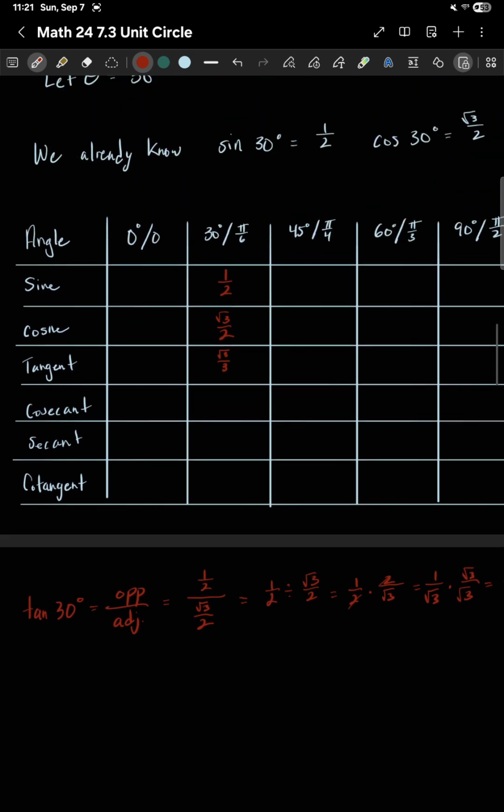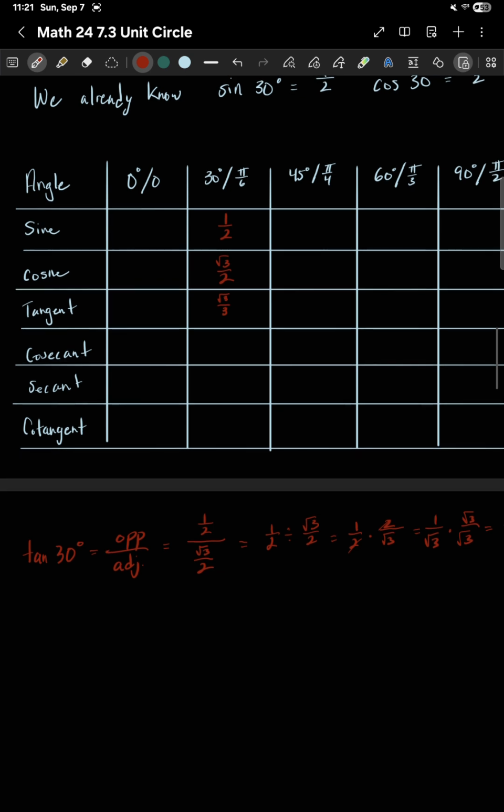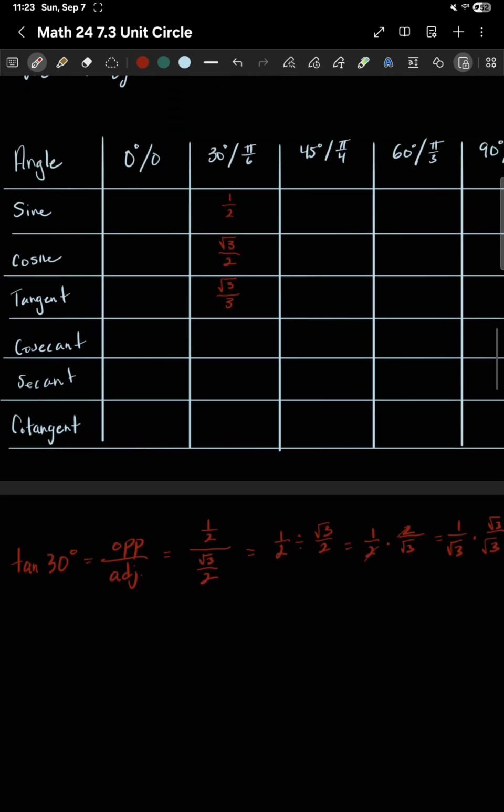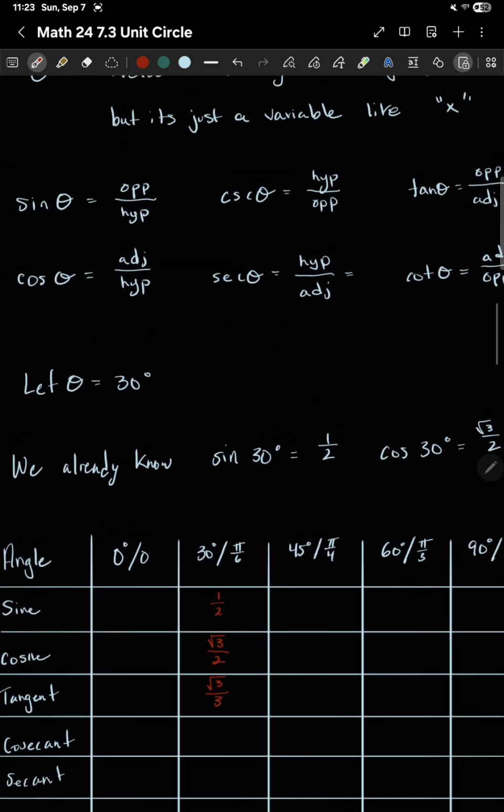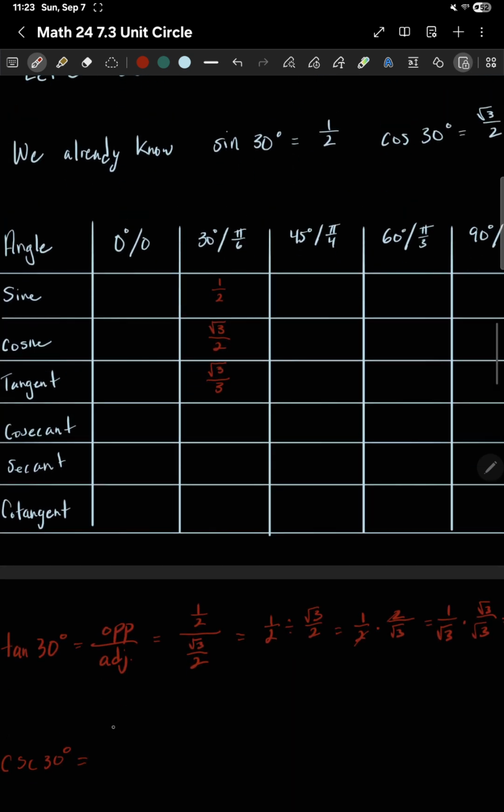Okay, and now what we want to do is find cosecant. Okay, so to find cosecant, not cosine, cosecant of 30 degrees, well, that is equal to hypotenuse over opposite.